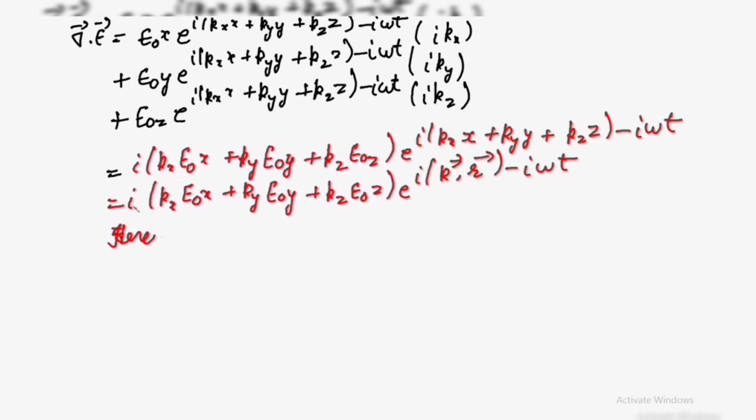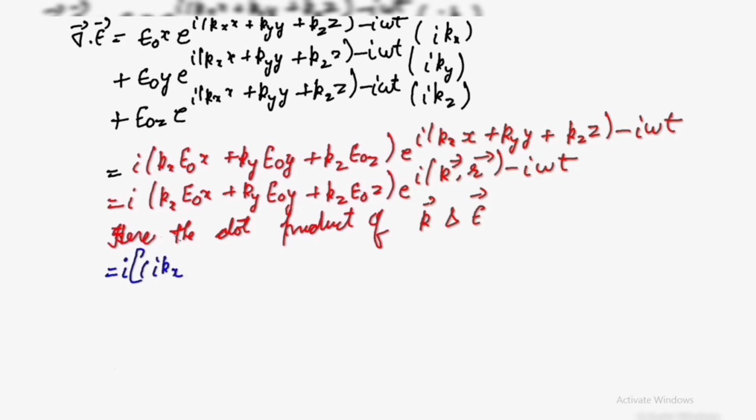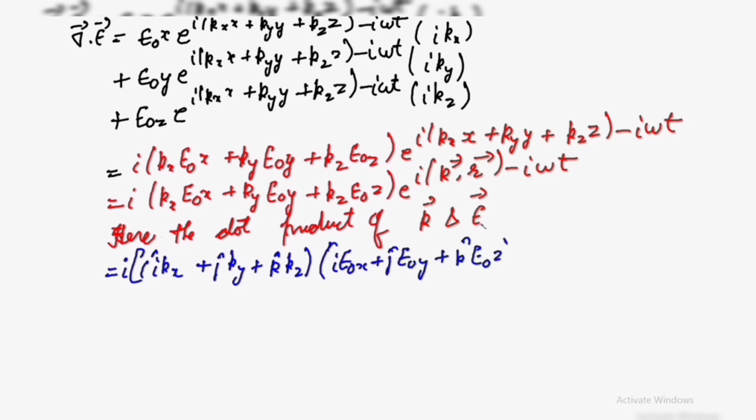So here the dot product of K vector and E vector is (i cap kx + j cap ky + k cap kz) dot (i cap E naught x + j cap E naught y + k cap E naught z) into exponential i k vector dot r vector minus i omega t.